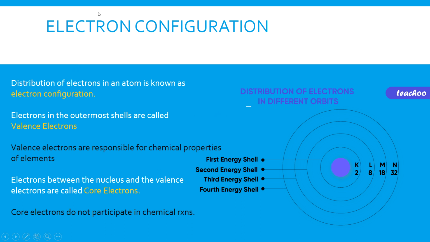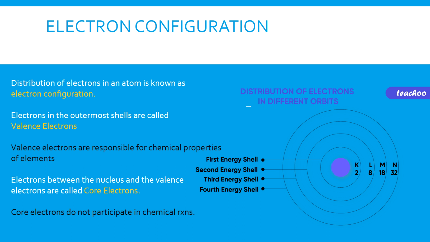So what then is electron configuration? You've been solving questions on electron configurations, especially in SHS. They tell you to write the electron configuration of sodium, and then you write it. So electron configuration basically talks about the distribution of electrons in an atom. The electrons are not haphazardly found on the shells.